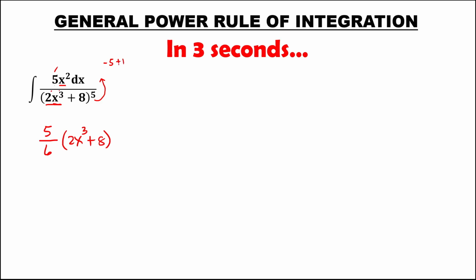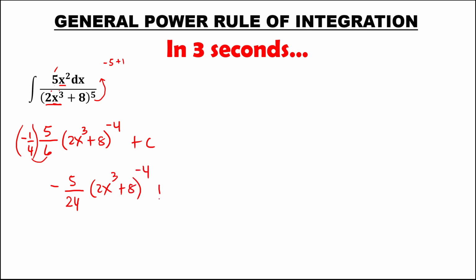And negative 5 plus 1, so this is negative 4. So therefore times negative 1 over 4, then plus c, or this becomes negative 5 over 4 times 6, this one is 24. Then we have (2x³ + 8) to the power negative 4, then plus c.